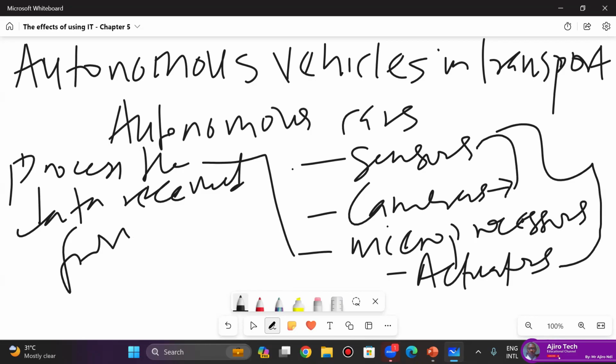Again, the microprocessor processes data received from the camera and sensor. And they now send the signal to what we call the actuator, right? The actuator performs physical actions.